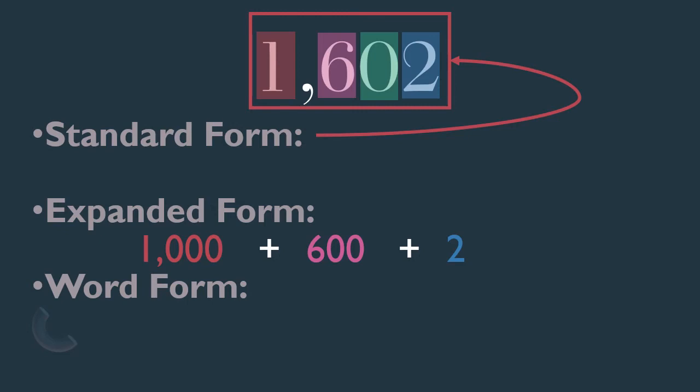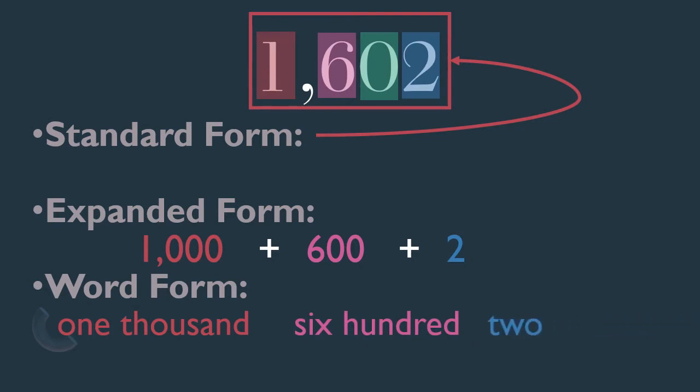Now, word form, we think about how we would say the number, 1,602. And again, we have a comma in between the 1 and the 6, in between the 1,000 and the 600. So we have to put our comma in the word form as well. So there's your standard form, expanded form, and word form of 1,602.